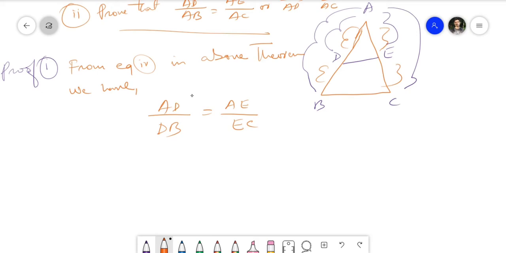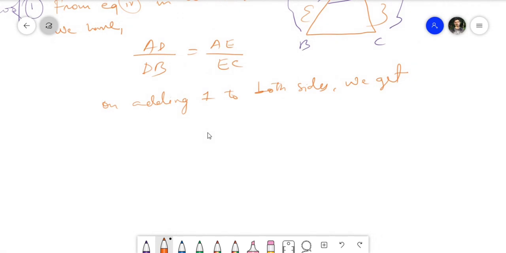Okay. Now we'll do one thing to make it equal. We'll add 1. On adding 1 to both sides, we get AD by DB plus 1. You see, this is very easy. You see why we are adding 1?